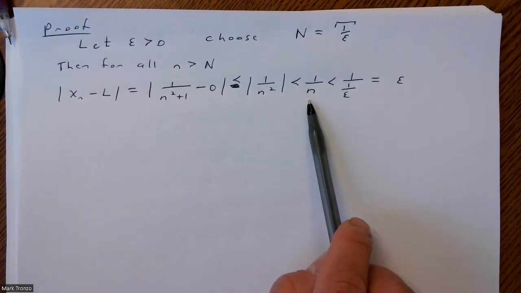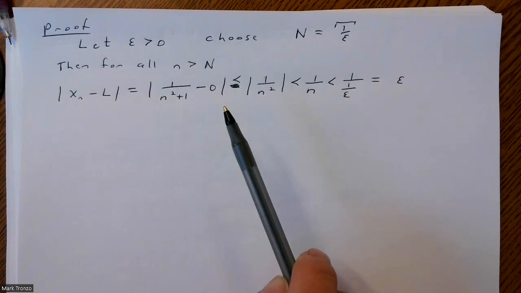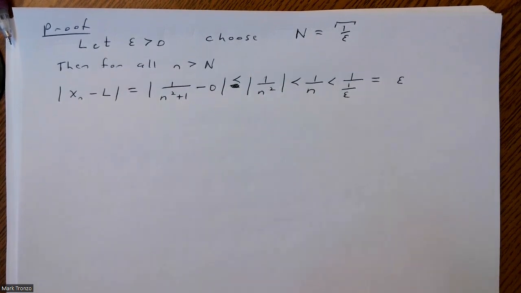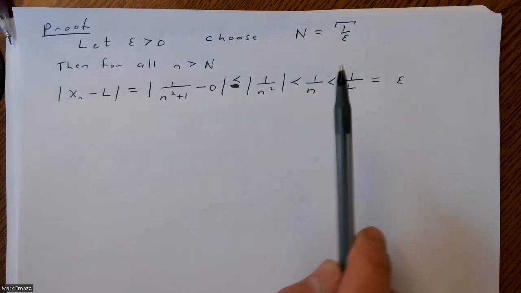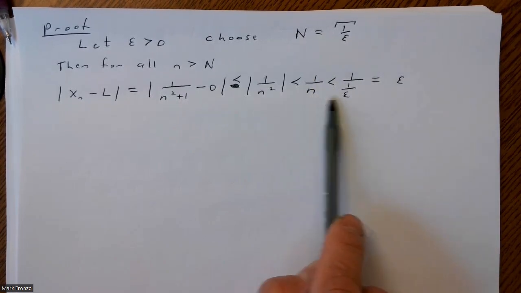In the scratch work, it's the same kind of step, because 1 over n squared plus 1 is less than those other 2. But how can we be sure that epsilon is greater than those other 2? Oh yes, that's a good question.